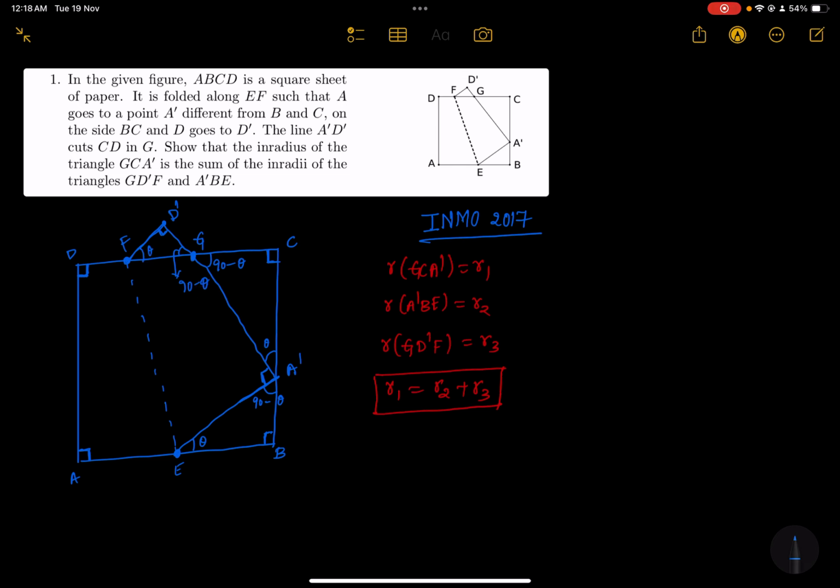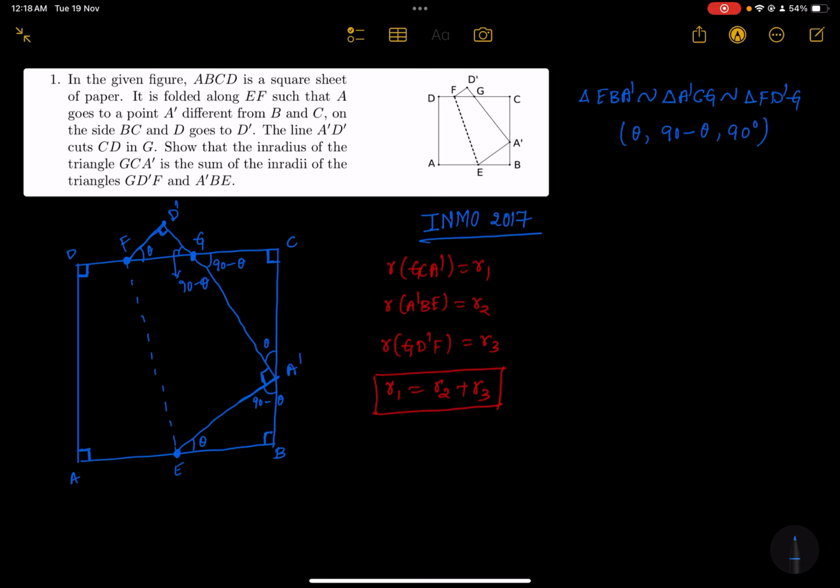This is theta. If we see triangles EBA dash, A dash CG, and FD dash G, these three triangles are similar, and the angles of the three triangles are theta, 90 minus theta, and 90 degrees.